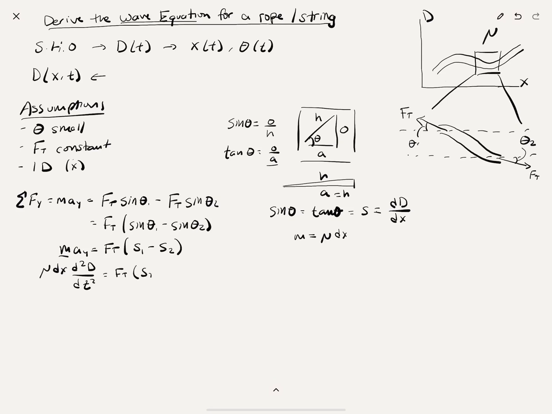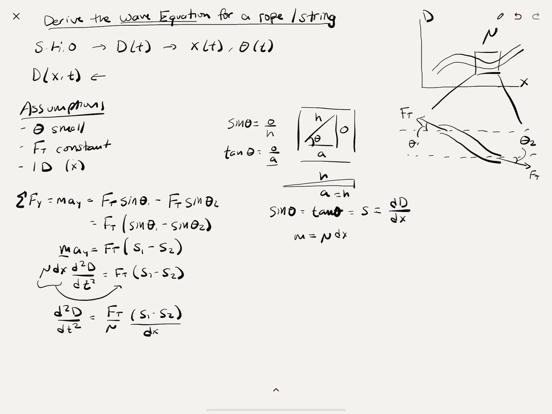And that equals F_t times (s2 minus s1). There you go. I can take all this over to this side, and I see that the acceleration is equal to F_t over mu times (s1 minus s2) over dx.